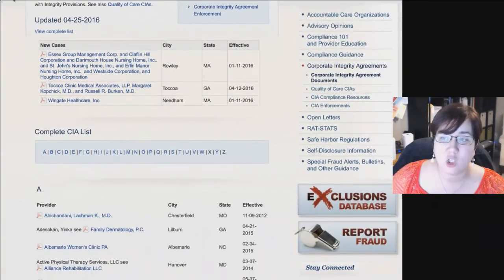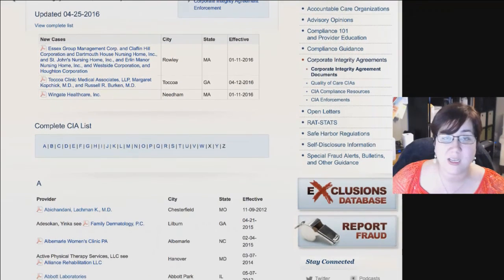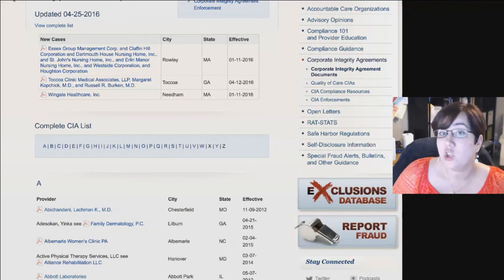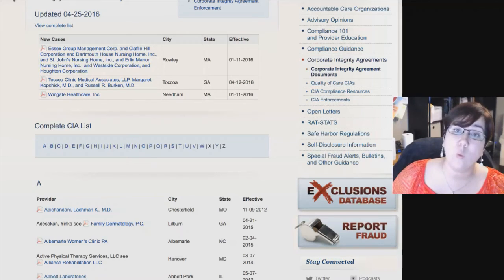And in determining what we were going to suggest internally to fix their problem, we would come out here and look through these corporate integrity agreements and try to find someone else whose violation was comparable, so that they could see, if they got a CIA, all of the things that they were going to have to do because they didn't listen to us up front and fix the problem. So it gives you a way to show your providers, here is the worst case scenario, what you could be looking at.